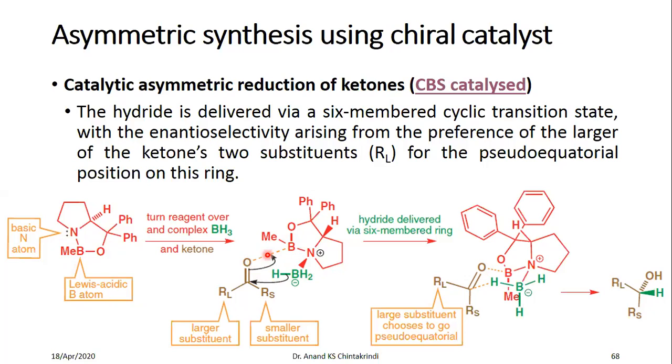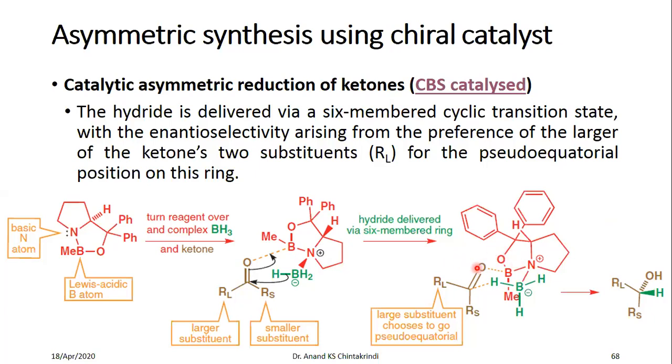So this is formed, and the hydride is delivered via a six-membered cyclic transition state. This we have seen in the earlier cases also, in the Evans aldol reaction. Similarly, you have a six-membered cyclic transition state, and this transition state imparts the enantioselectivity.